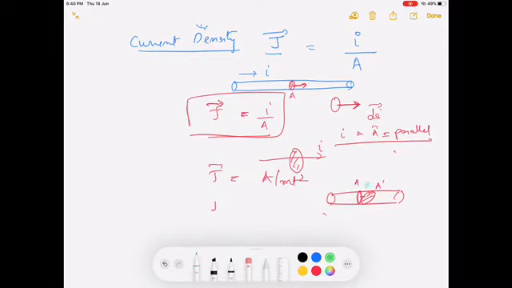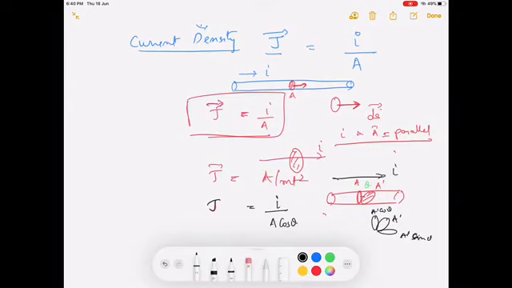This is the perpendicular area and A dash is the slant area, and let the angle between them be theta. Then what will be the formula of current density? It will be I upon A, this component. We can divide A dash into two components: A dash cos theta and A dash sin theta.